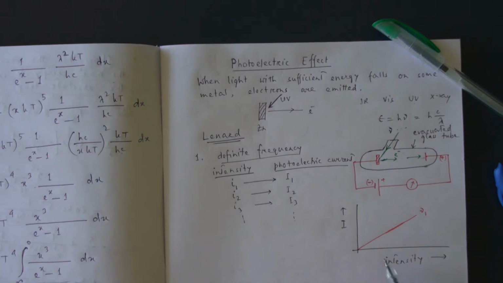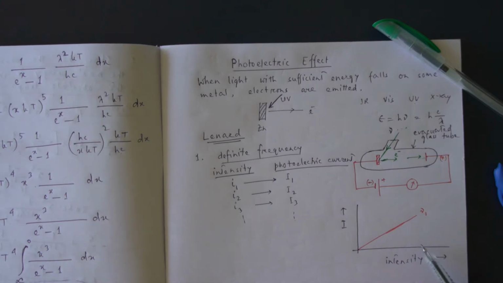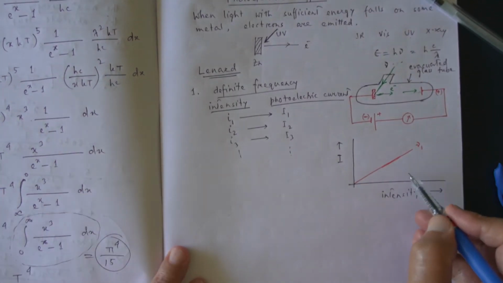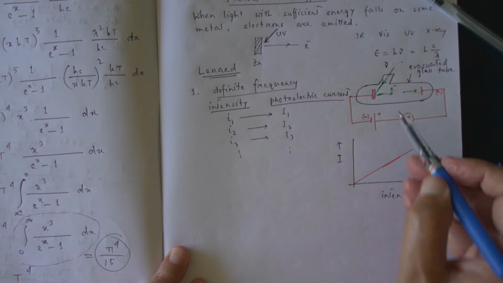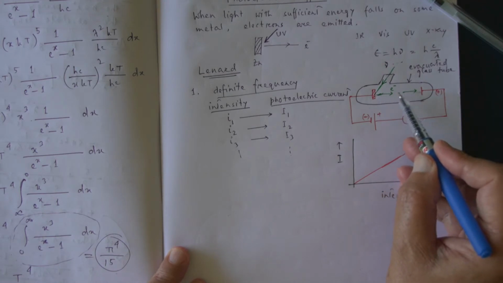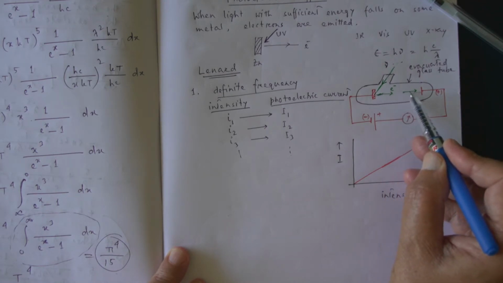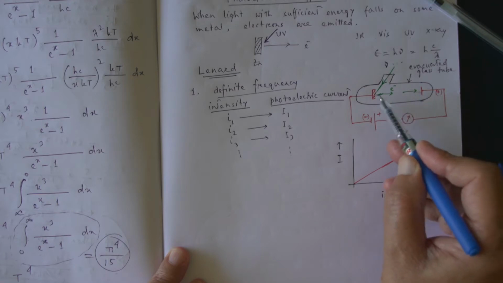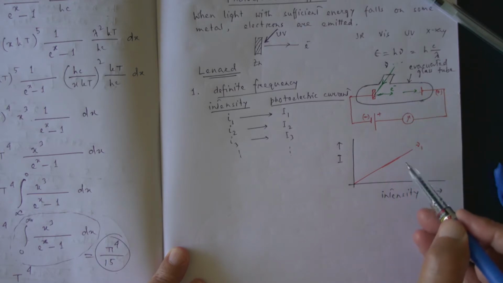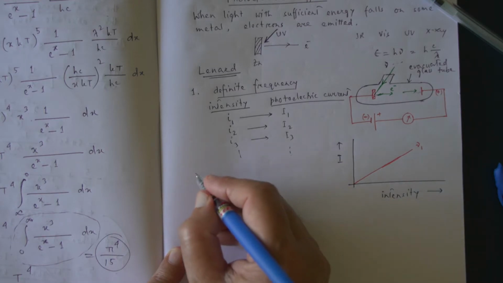So what we find here is, as intensity increases, photoelectric current increases. Photoelectric current increases means the number of electrons emitted increases.